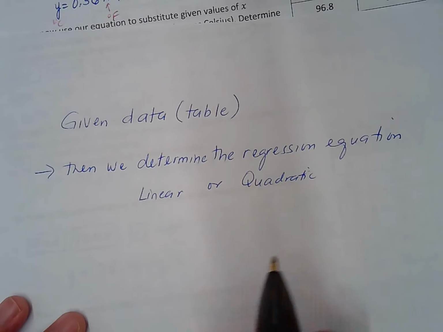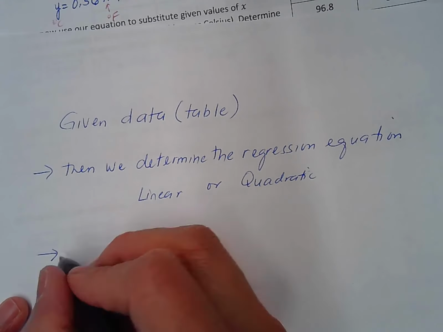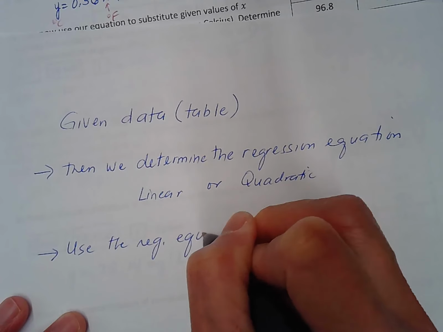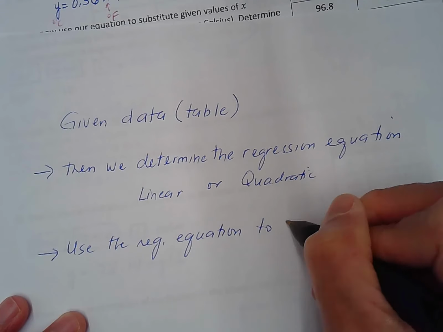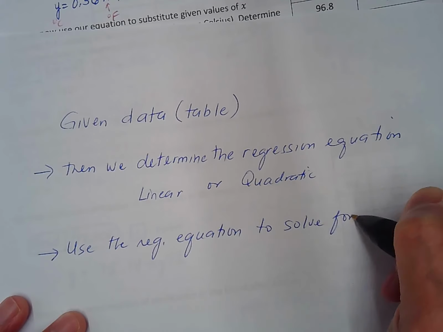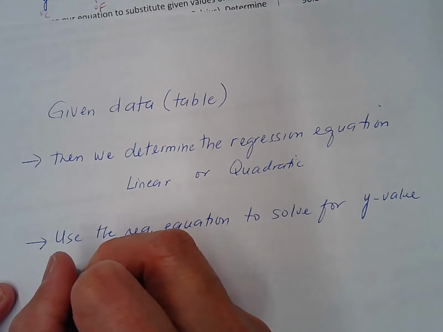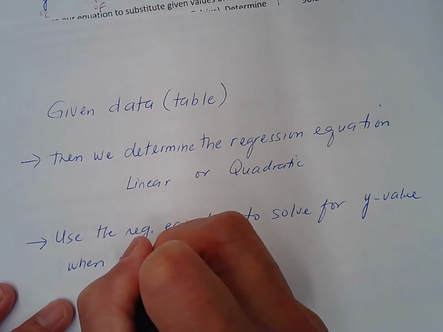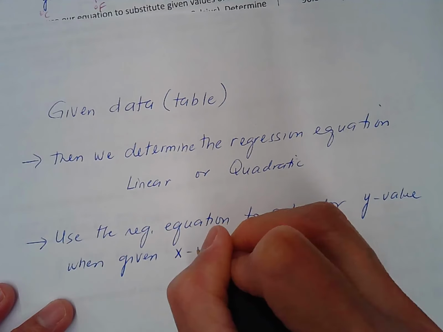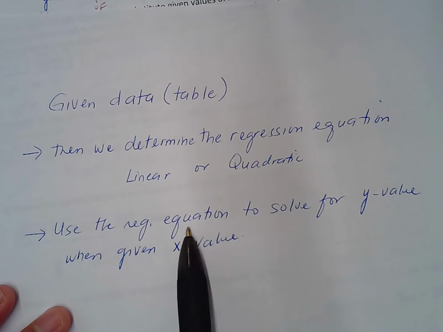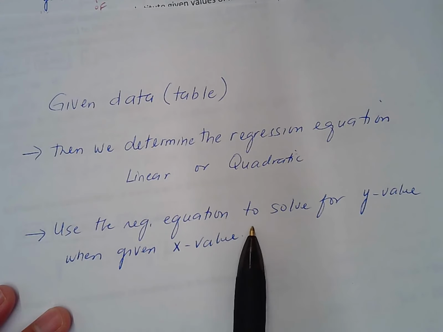And then after that, we're going to use the regression equation to solve for the y value when given the x value. Once we have the quadratic or linear regression, we use that equation to solve for y, but we have to give you the x, right?